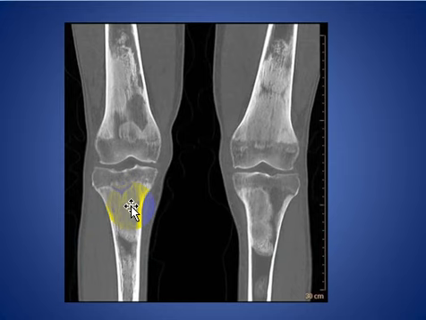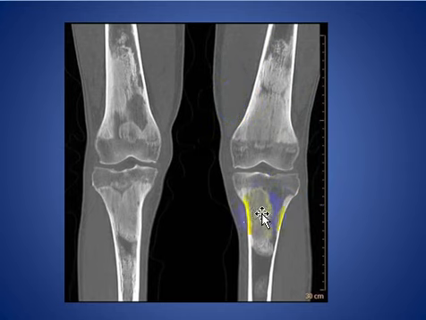This is Erdheim-Chester disease, and this is one of the skeletal manifestations of that disease, and it is a non-Langerhans cell histiocytosis, and it involves symmetrical sclerosis of the bone.